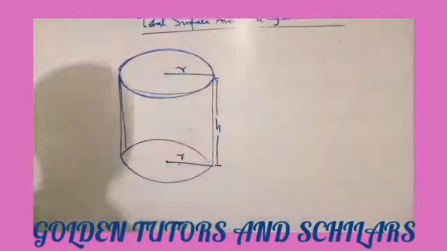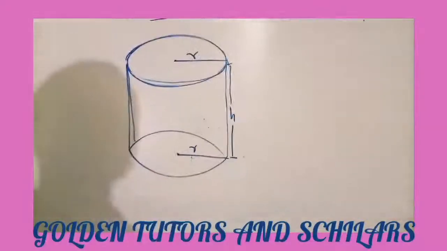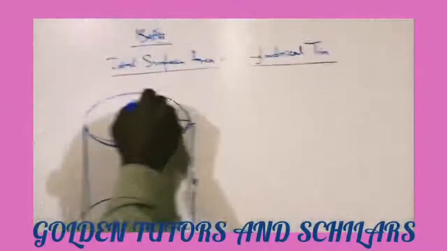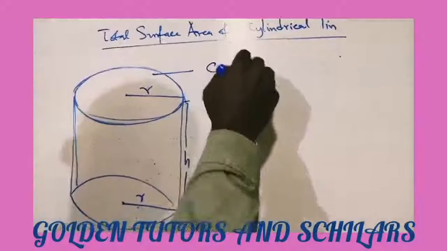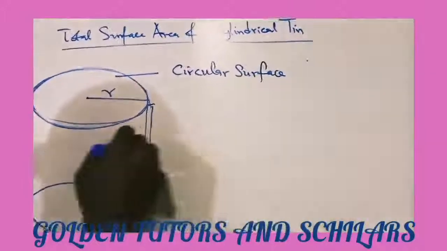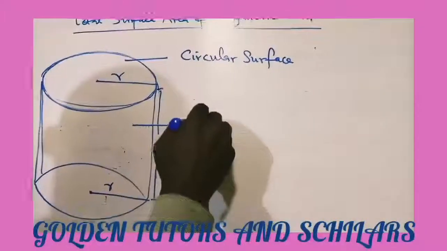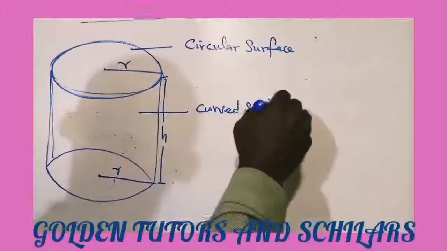Now, for us to calculate the total surface area of this cylindrical tin, first we have a circular surface here. This is a circular surface. We have a curved surface. This is a curved surface.